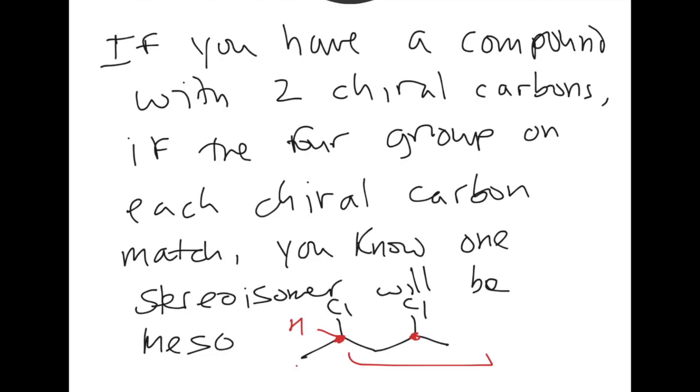And then I have chlorine, hydrogen, methyl, and again, that same chain. So I have two chiral carbons, but all of the groups on those two chiral carbons are the same. So you know that when you start doing all of your stereoisomers, you're going to be short one because you're going to have a meso compound.